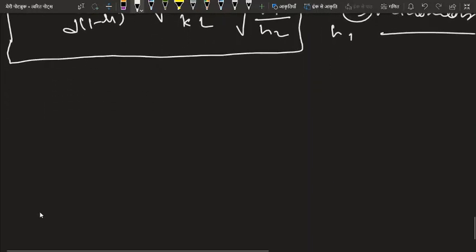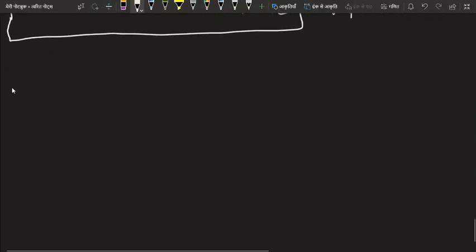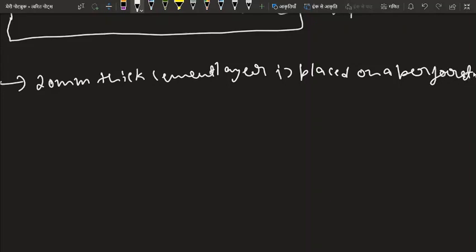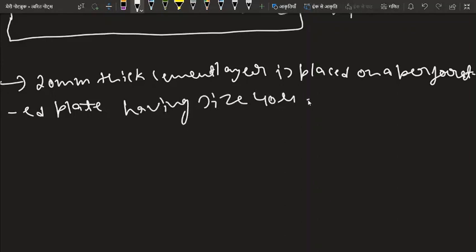Note the procedure of doing the permeability test. A 20 mm thick cement layer is placed on a perforated plate having perforations of about 40 mm.